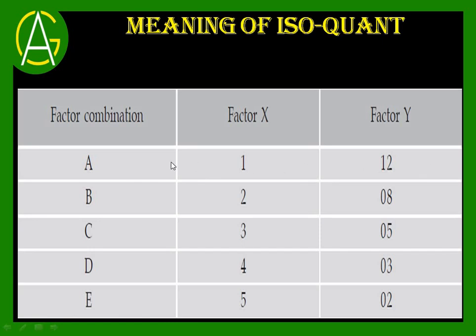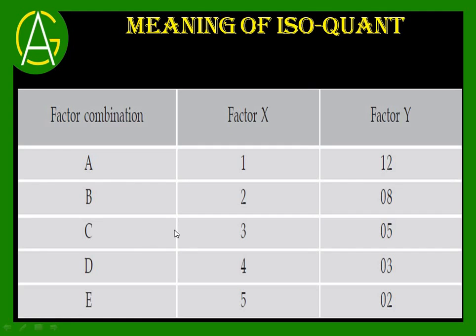We can change the combination. If we use factor combination B, it is going to give you 2 units of factor x and 8 units of factor y. This second combination is also going to give you the same production, that is 100 only.